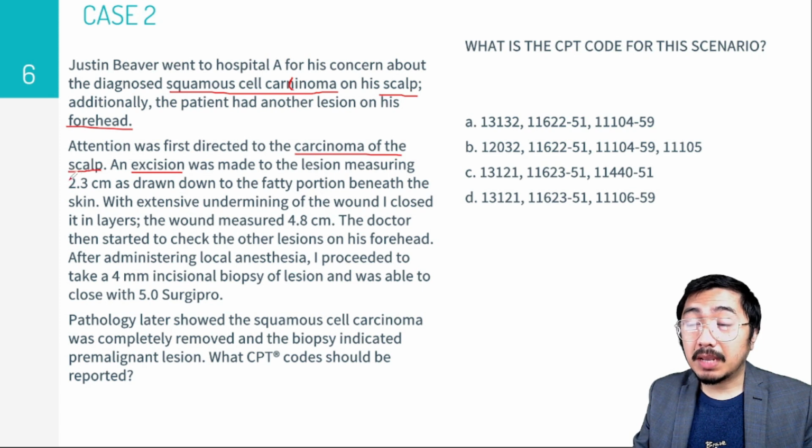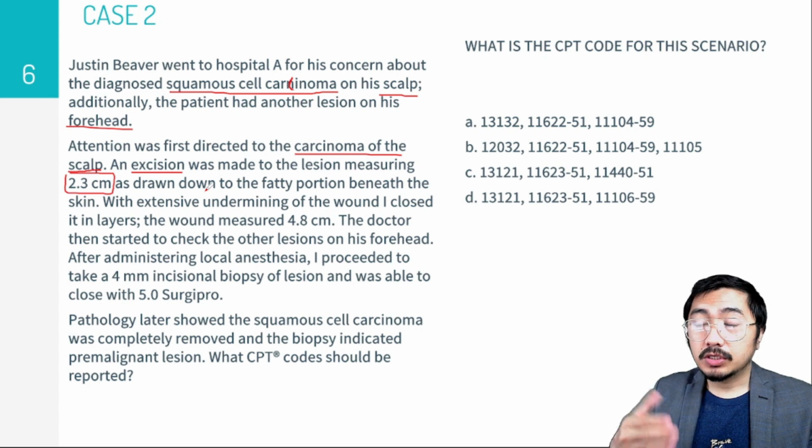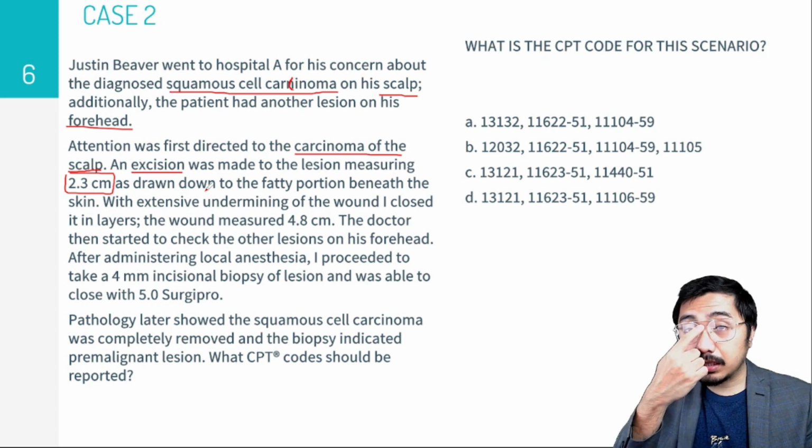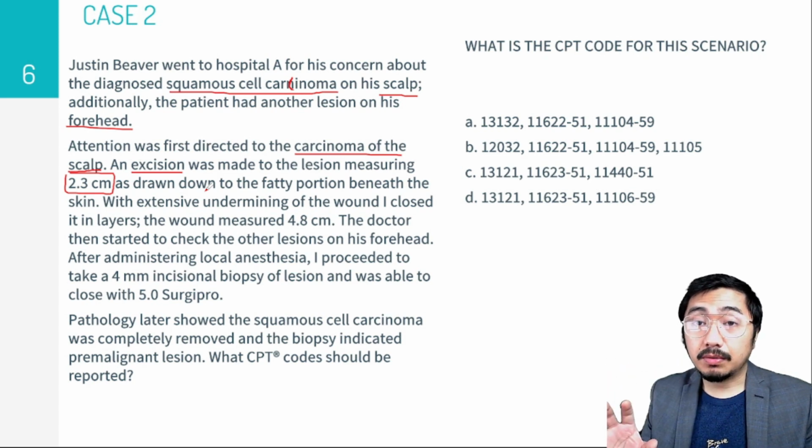The measurement is mentioned here as 2.3 cm. So again, if an excision or repair will be done for your integumentary system CPT coding, please take note that you have to check the measurement. It's very important. It will give you a huge advantage in checking the choices and of course your codes.